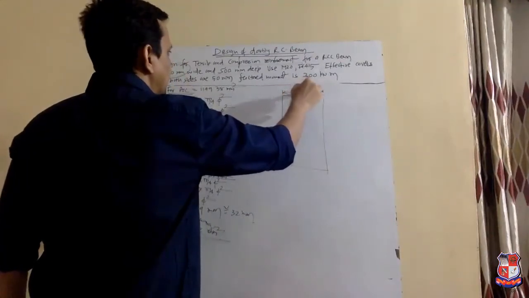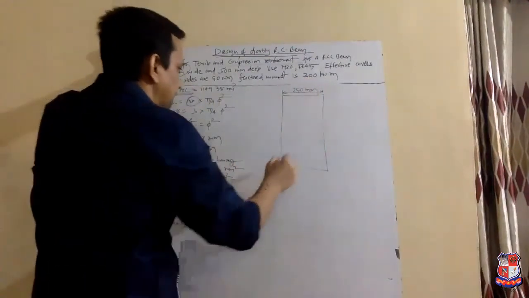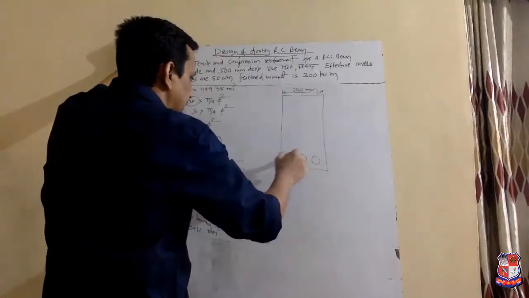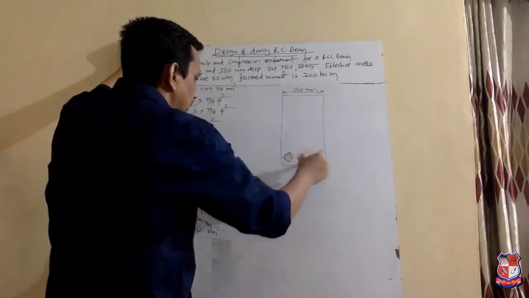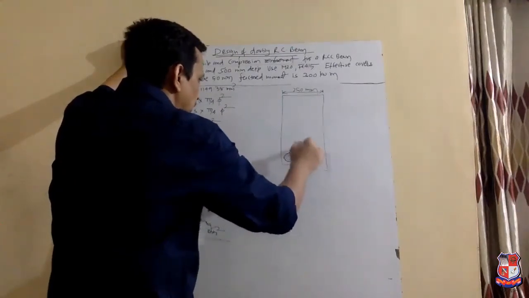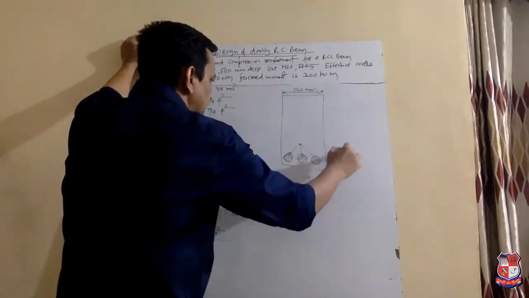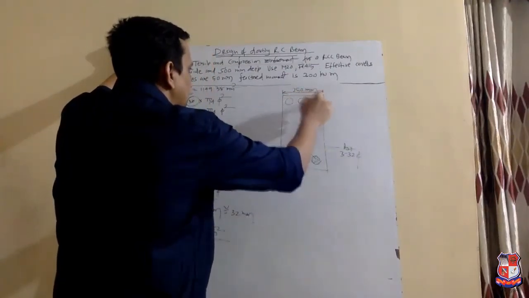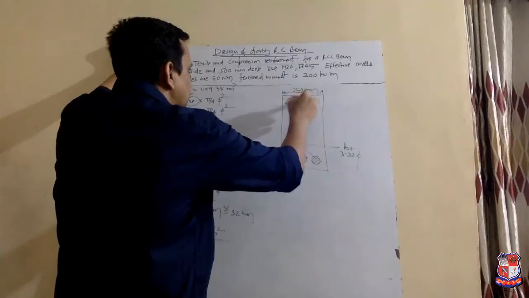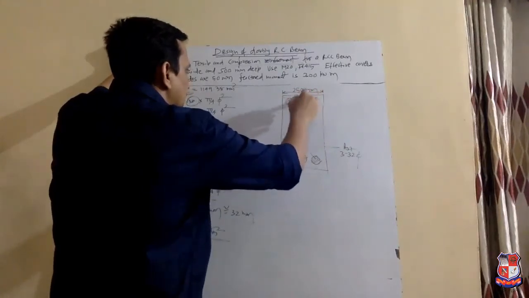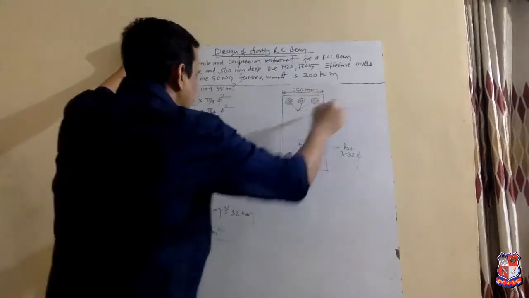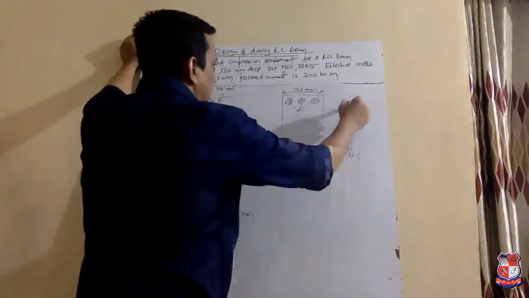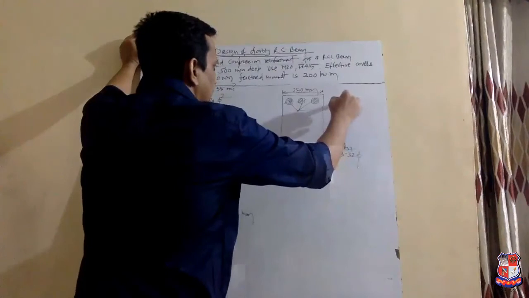This is the width of the beam, 250 mm. We have provided 3 numbers of AST, 3 number 32 dia, and in the compression zone we have provided 3 number 25 mm dia ASC.